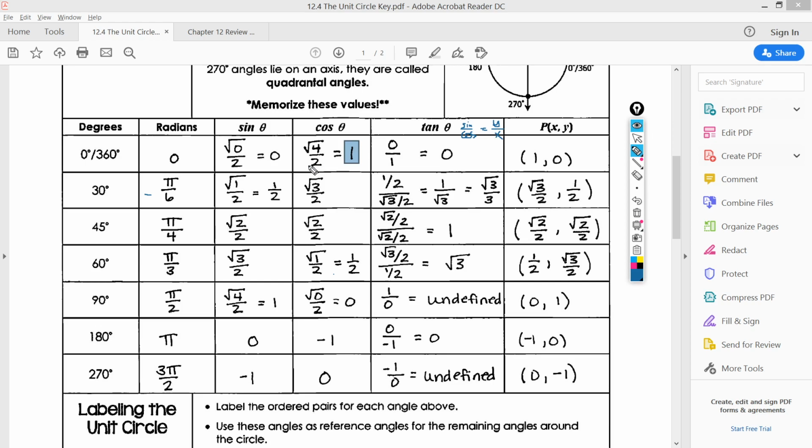So what's y? Y is 0. What's x? X is 1. So tangent is just 0 divided by 1, which is 0. Which means our point, remember this is x, y, our x component is 1, our y component is 0.